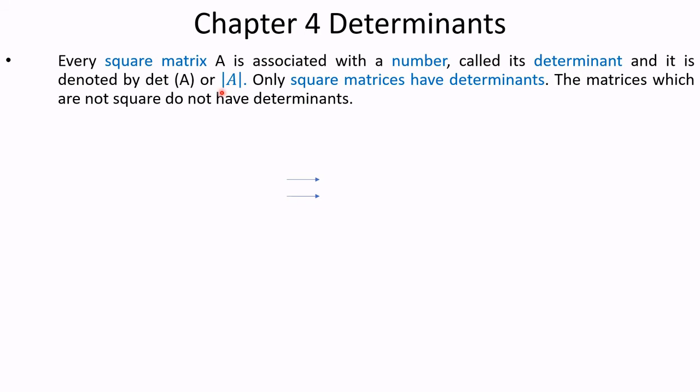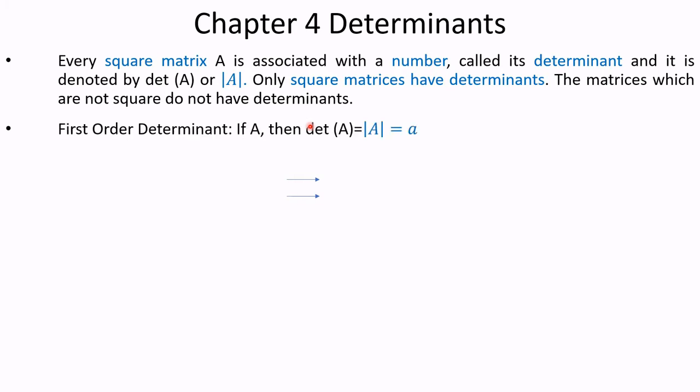This is the matrix representation of determinant. Only square matrices have determinants. The matrices which are not square do not have determinants. Hence, a square matrix is essential for a determinant, and determinant is a number.